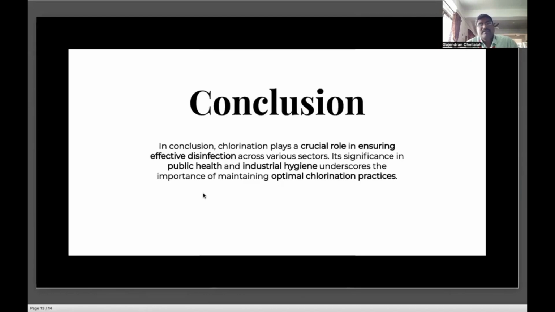In conclusion, chlorine plays a crucial role in ensuring effective disinfection across various sectors. Its significance in public health and industrial hygiene underscores the importance of maintaining optimal chlorination practices.